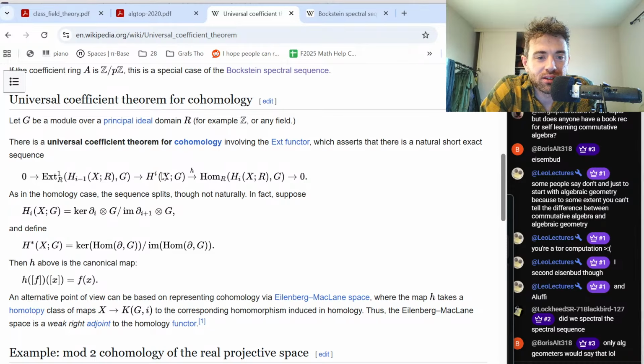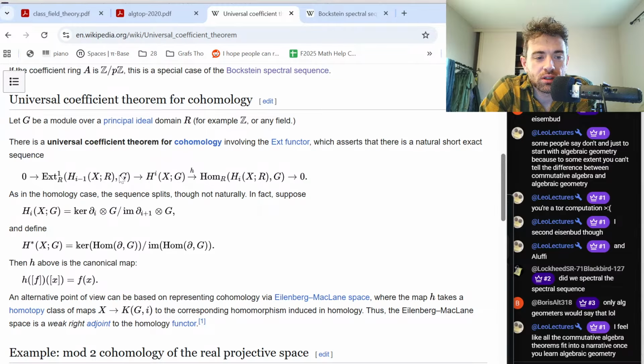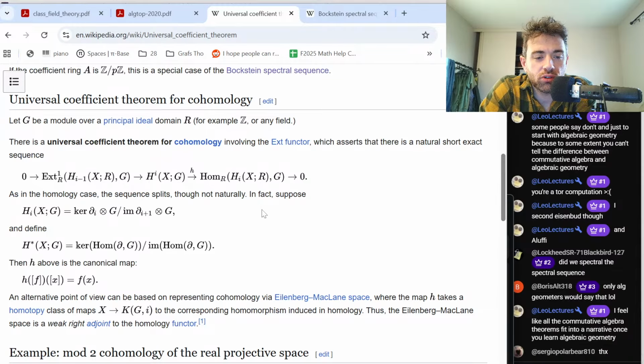Okay. Wow. So we're going to need to compute some Ext1s then, I guess, right? Wait, G module, Ext1 into G? Where G is somehow an R module? Yeah, let G be a domain. What weird notation. I see, G is a module over a PID.